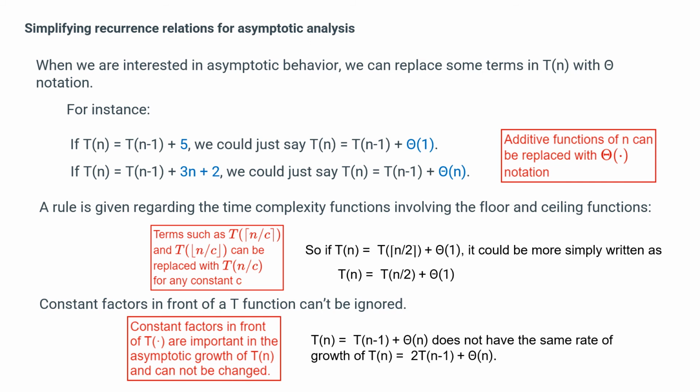So even though we would drop the constants when we're getting our theta for those extra terms, here when we have a constant in front of a T value as a factor, we don't get to just drop that constant. Okay, so constant factors in front of a T value are important in the asymptotic growth, and so they cannot be changed. So we can't just ignore them. We would need to leave them as they are.